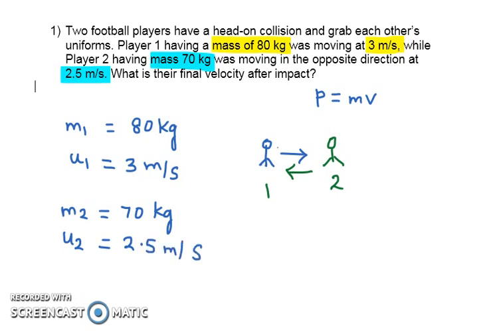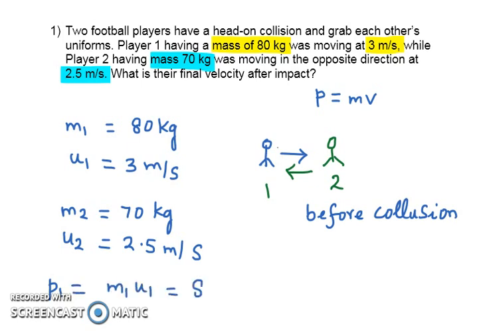Let's find the initial momentum of each of the players before collision. P1, the momentum of the first player, is M1U1, that is 80 times 3, that will be equal to 240 kilogram meter per second.